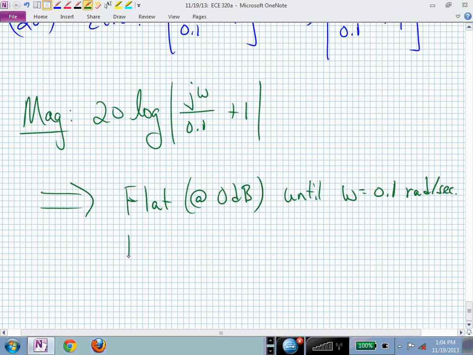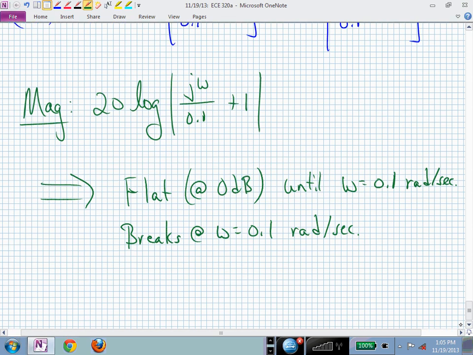It now breaks, or has a change in slope at that break frequency, which is occurring when omega is at such a value that the imaginary part is equal to the real part. The real part is 1, so we're just looking at when does omega equal its denominator, or whatever it's being scaled by. So we want to make omega over 0.1 equal 1, and that's when omega is 0.1.